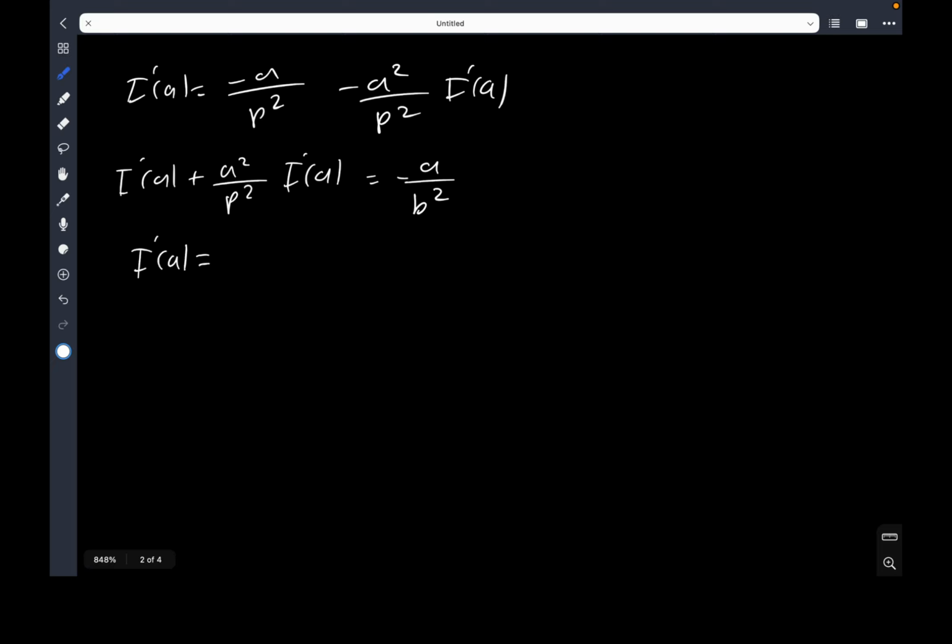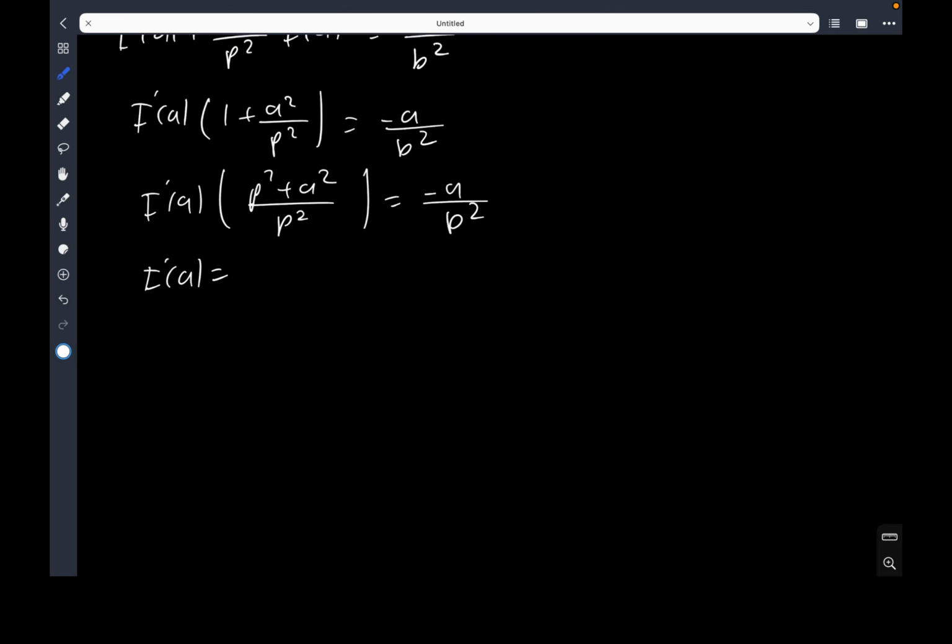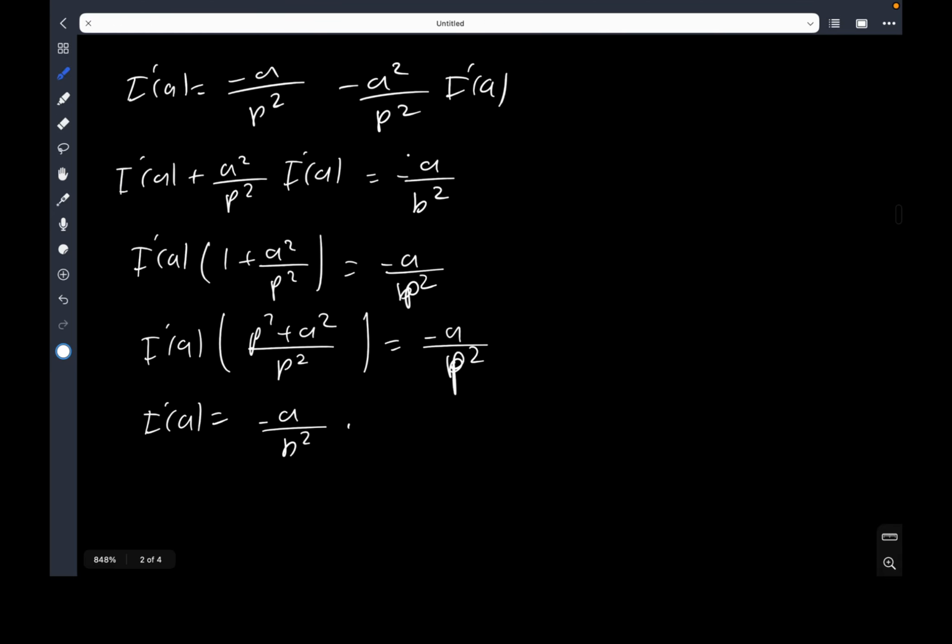If I factor it, it's going to be 1 plus a squared over p squared times I prime of a is negative a over p squared. Oh sorry, it is supposed to be p squared.